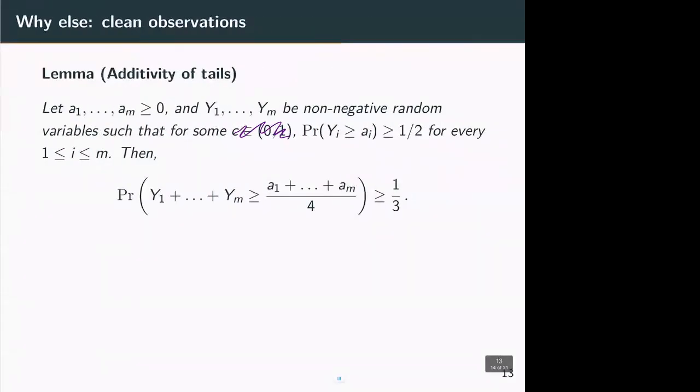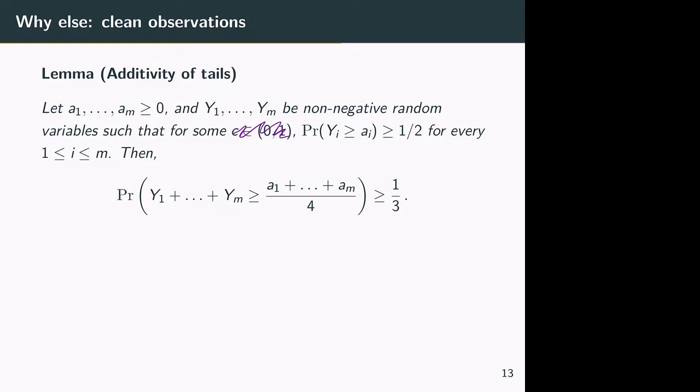The next is what I like the most about the work, a very nice observation that was at least interesting to us, and hopefully many of you will find it interesting. I'll leave it as an exercise for all of you. Let A1 through AM be non-negative numbers.